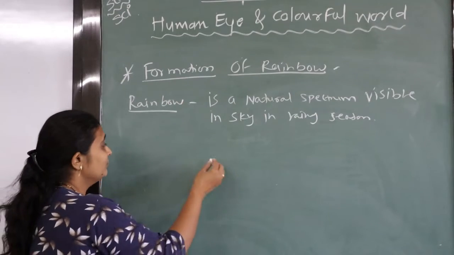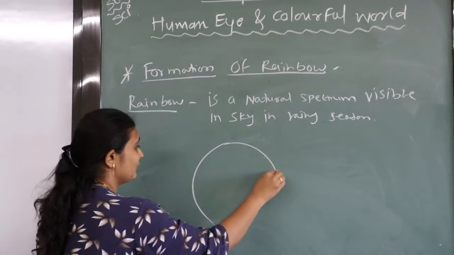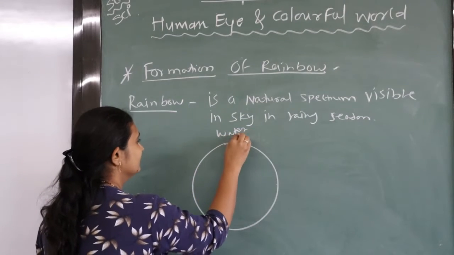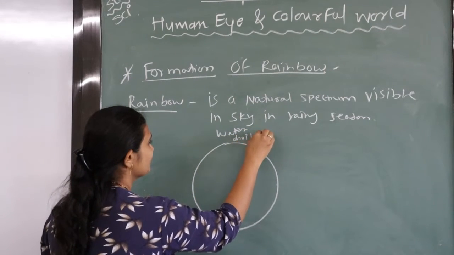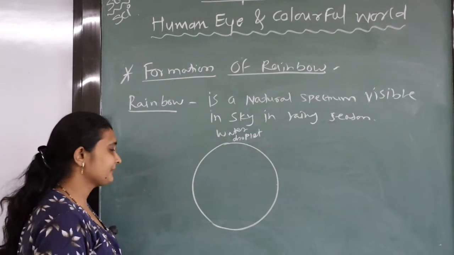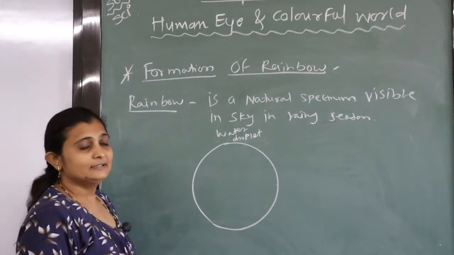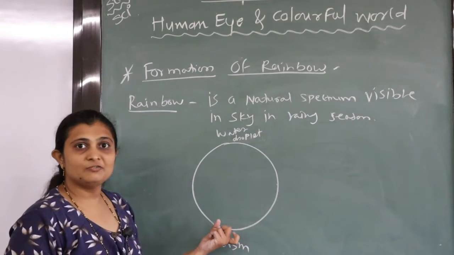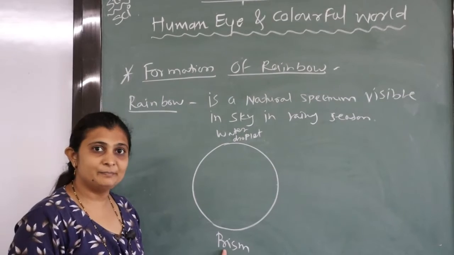Now how does a rainbow form? Consider a water droplet. A water droplet is so small we cannot see it with our naked eyes. The water droplet acts as a prism. What is the function of the water droplet? It acts as a prism.